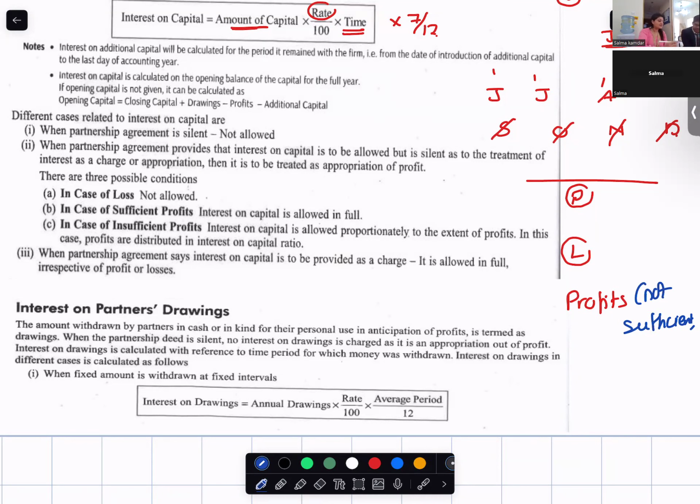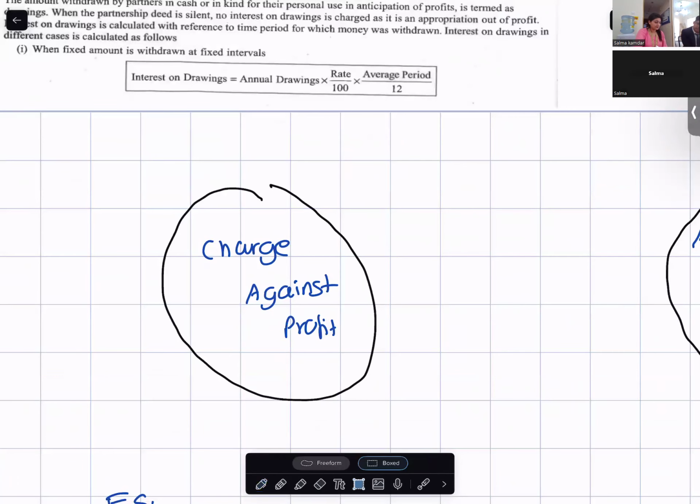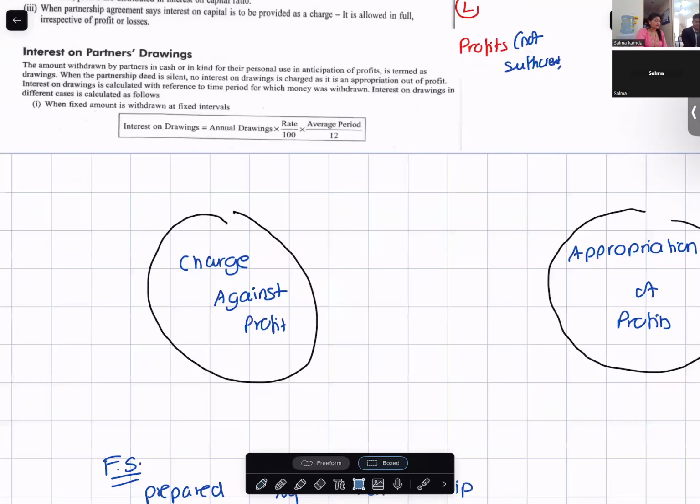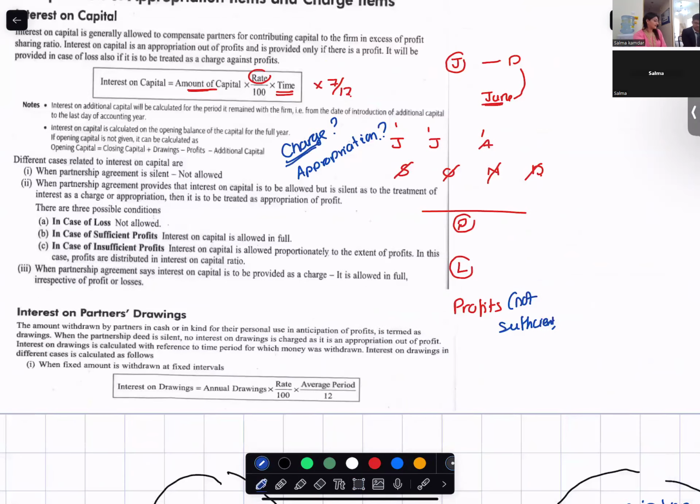Second thing you should know is whether interest on capital is a charge on profits or an appropriation of profits. Understand, a charge on profits is for outsiders. Appropriation of profit is for the firm and the partners.